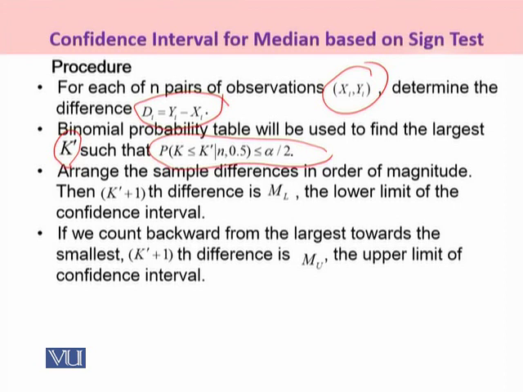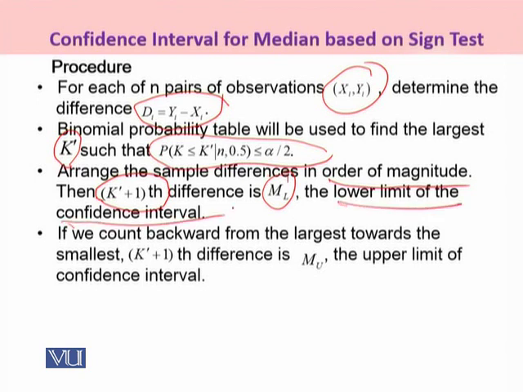The next thing we have to do under this procedure is to arrange the sample differences in order of magnitude, that means from smallest to largest. Then the (k′ + 1)th difference is called ML, the lower limit of the confidence interval.